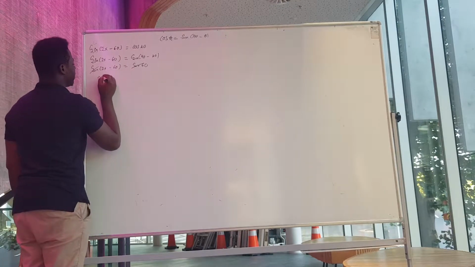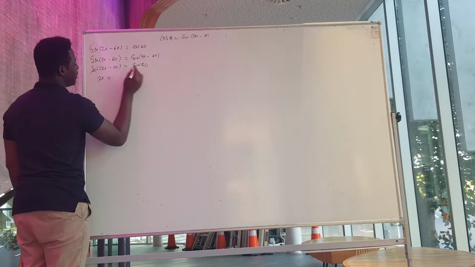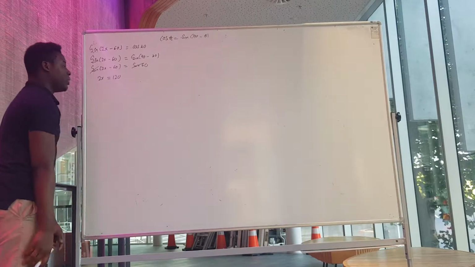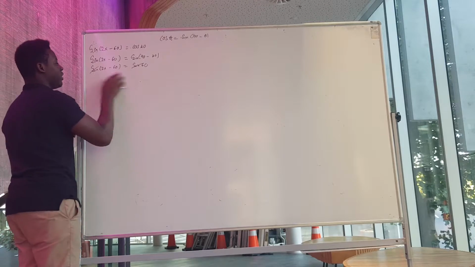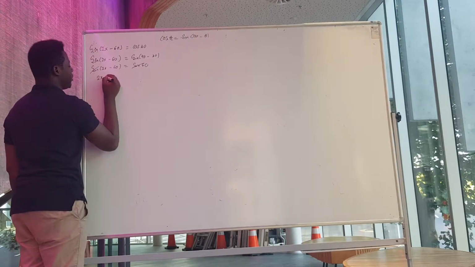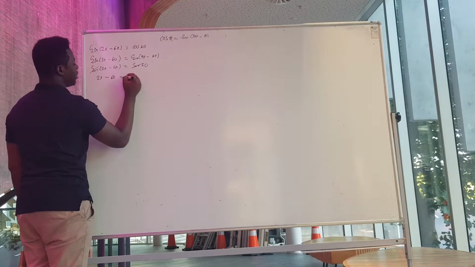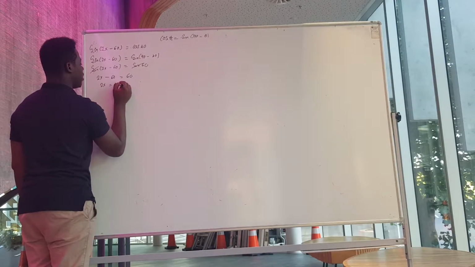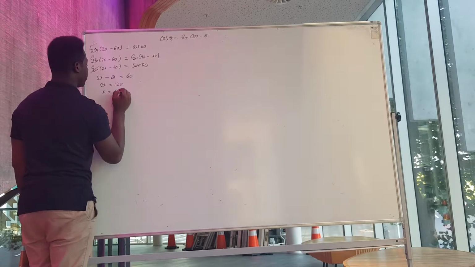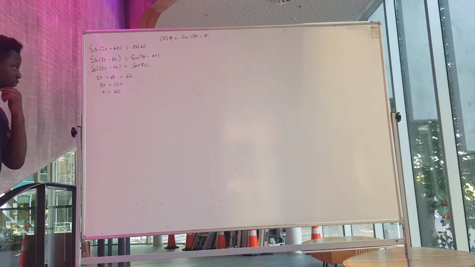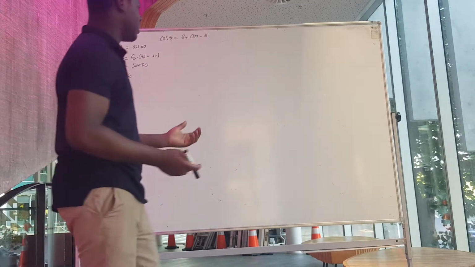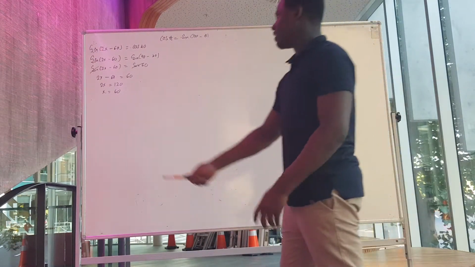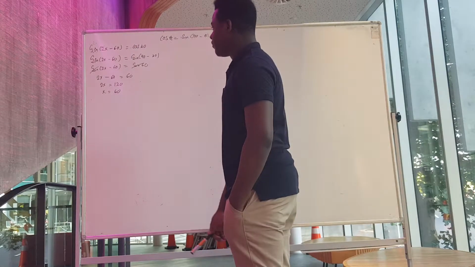So 2x minus 60 is equal to 60. Take the 60 there, you have 2x is equal to 120, therefore x equals 60. This is a fairly easy question. I wouldn't say it's easy, but you have to understand how to change this.